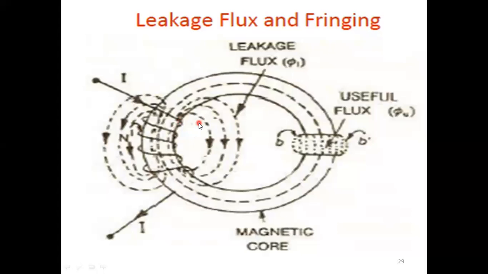Actual intended path is this one, but because of this, what will happen? The actual intended path flux will not flow over there. Meanwhile, in a short period, some leakage will occur here now. That is called leakage flux.